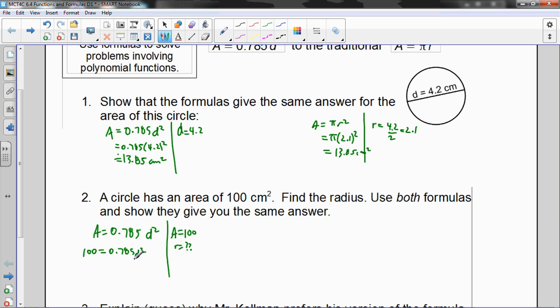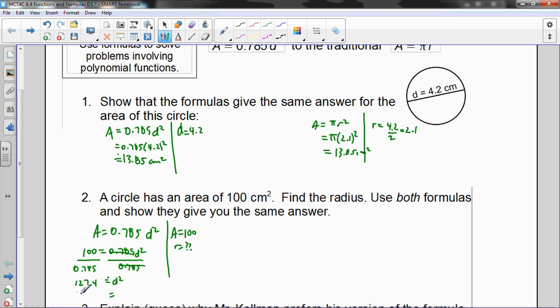Well, to get d alone, first step, we're just using our good old equation solving skills. Divide both sides by that awful decimal. 100 divided by that is, bing bing, on the calculator, 127.4 about. And then take the square root. Now notice, even exponent from last day's class, we know there should be two solutions.